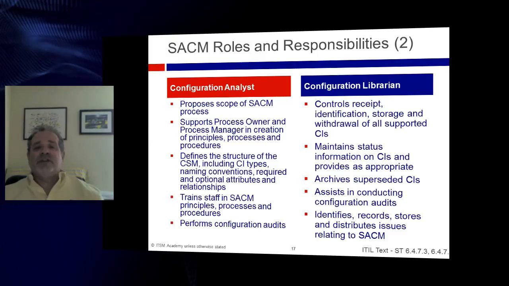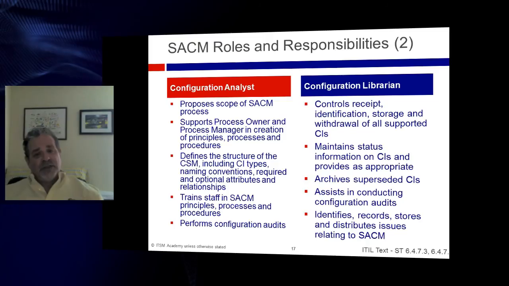So we have a configuration analyst and we have a configuration librarian within the SACM process, right? The configuration analyst will support the process owner and the process manager in helping create the process itself, the procedures within the process. They'll help define the structure of the configuration management system, and this will include the different CI types, the naming conventions, and attributes that are going to be included in that.